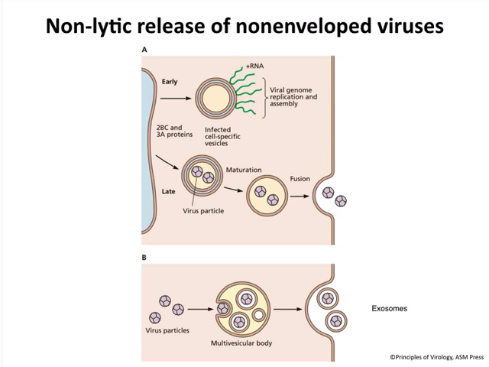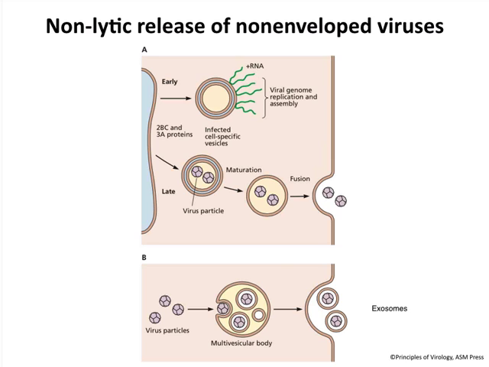One of them is shown on the top here, and this is for poliovirus. Early in infection, the virus induces the formation of double membrane vesicles, which are typical of the process called autophagy. When cells are subjected to stress, they induce autophagy. These double membrane vesicles form, they encompass the cell cytoplasm, and then they bring it to the surface and release it. It's a way of recycling cell contents.